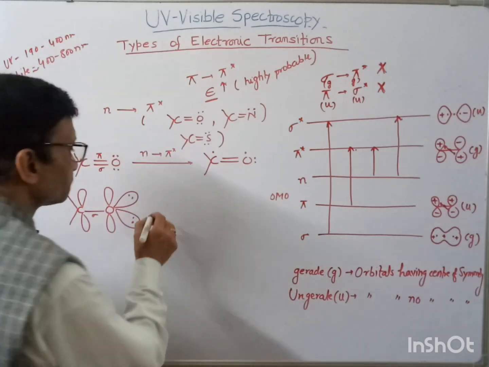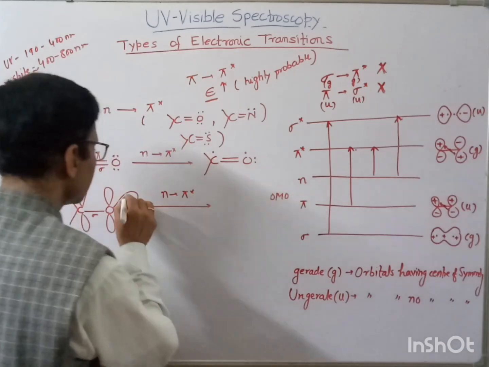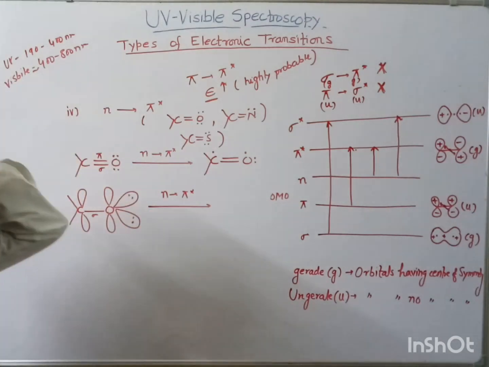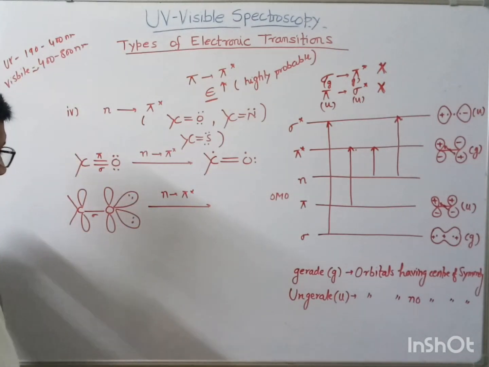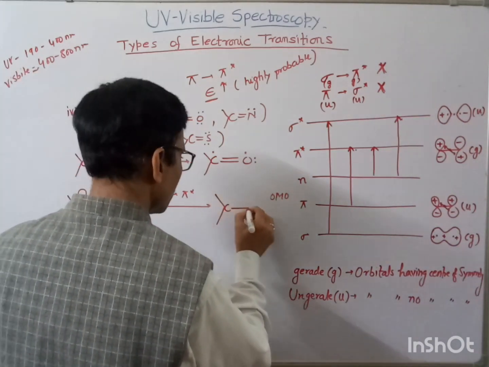Now after this excitation, this electron will go into the anti-bonding region. Here two electrons were present, and now one electron goes to the anti-bonding region.